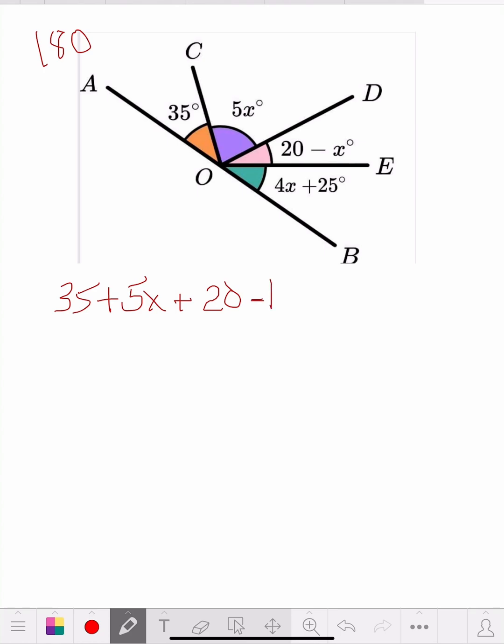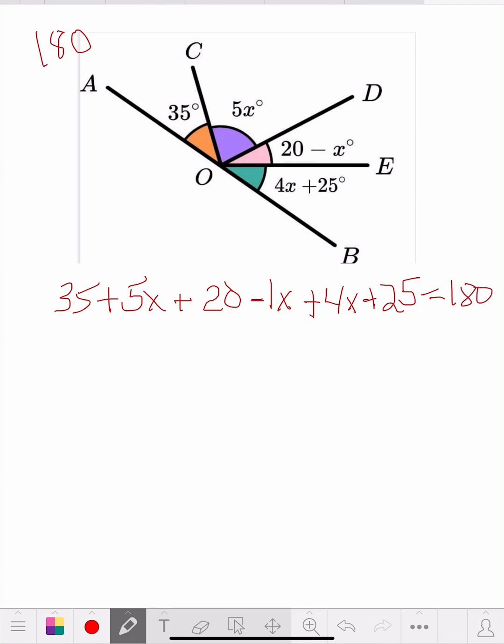It's not just x, it's 1x. Plus 4x plus 25 equals 180.